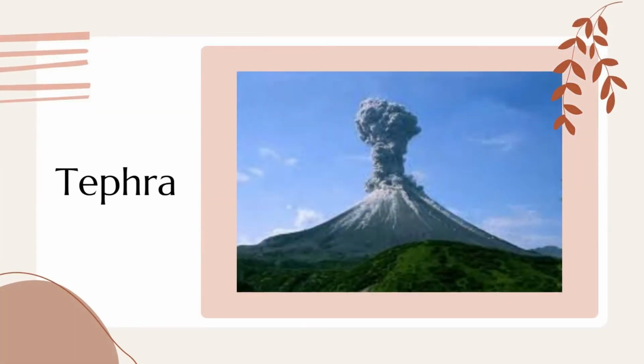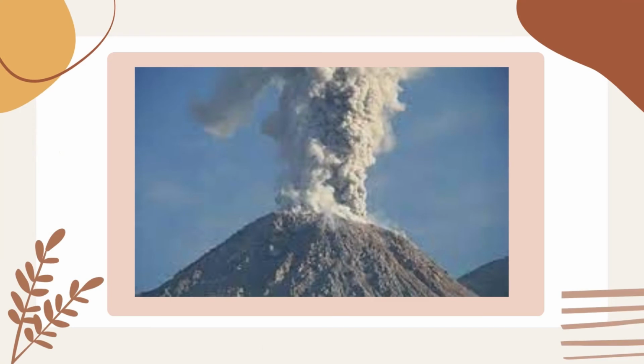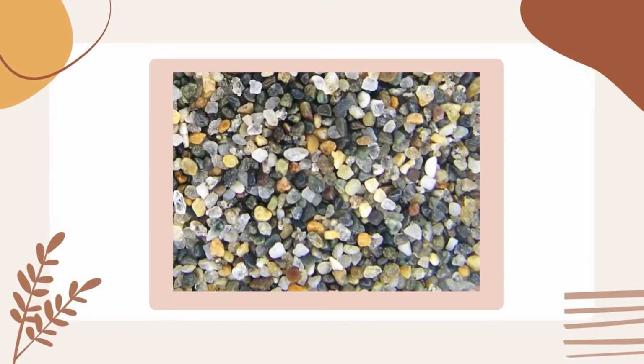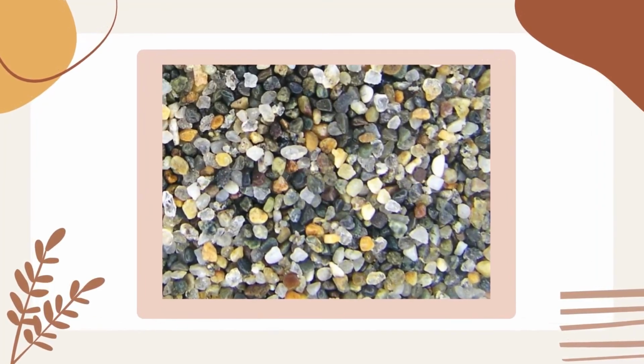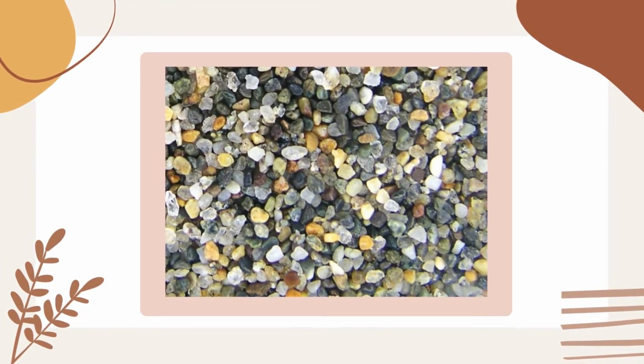However, when volcanoes erupt violently, they also expel a range of other material known as tephra. Tephra is made up of several different elements, including volcanic ash, as well as volcanic glass particles and grains, amorphous and non-crystalline material formed by quickly cooling magma.